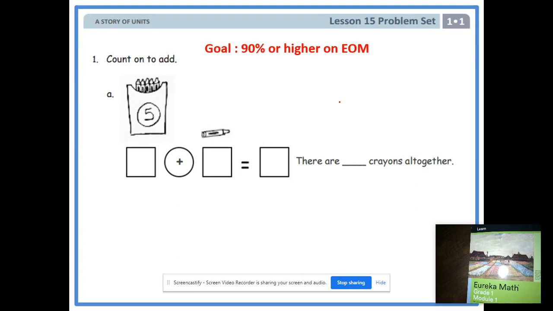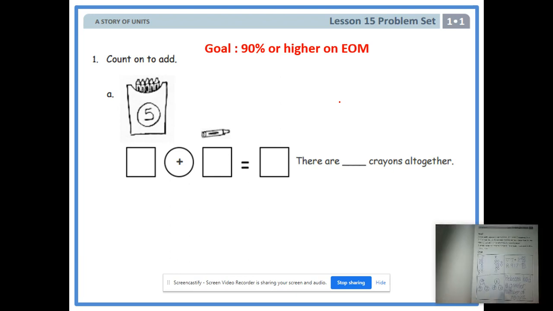Now, we're going to do the first problem of our problem set. But remember, before we do our problem set, we do idea 56 and 57. We always write our name, date, and goal. And the goal is up there for you all to see if you can't see on the small document camera. So go ahead and write your name, your date, September 4th, 2020, and the goal.